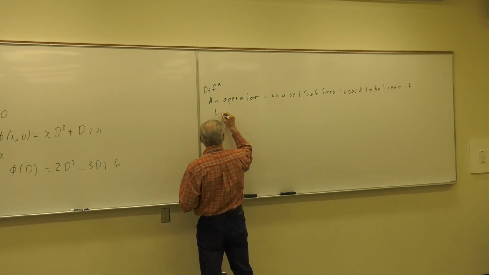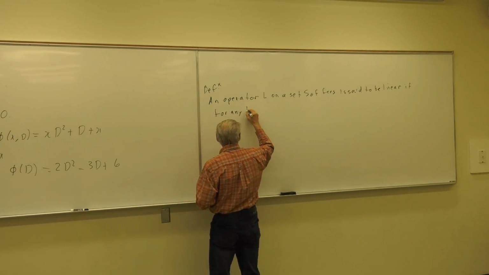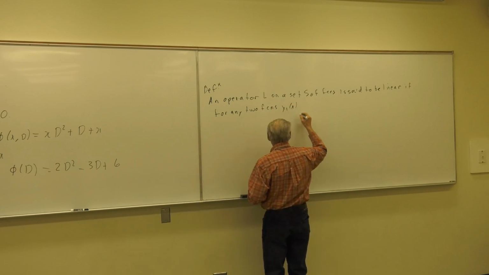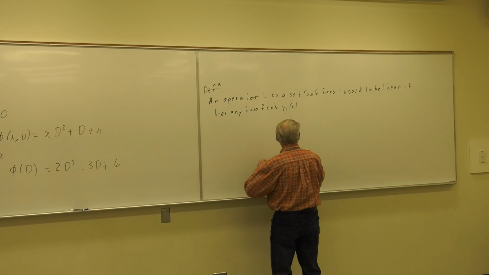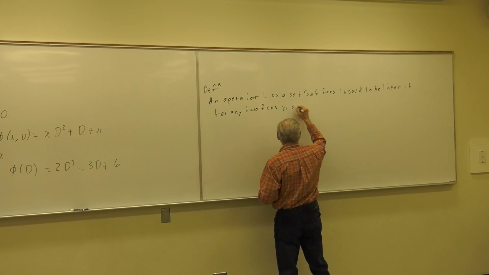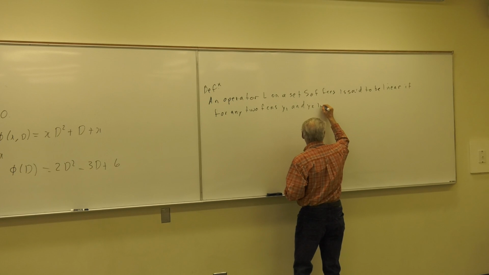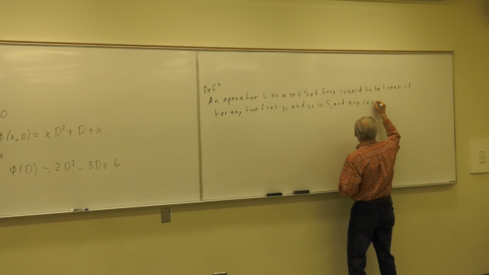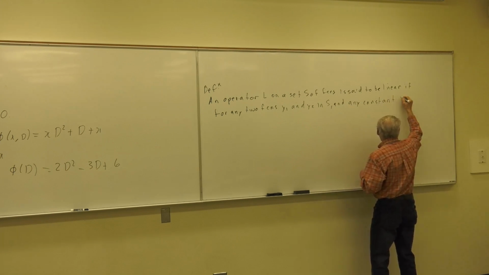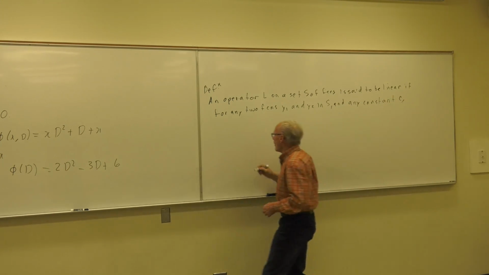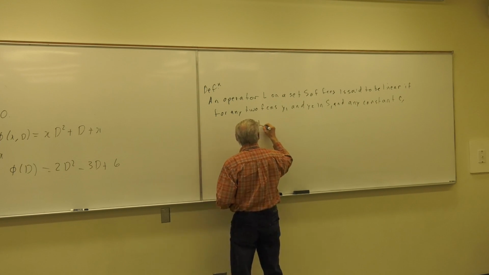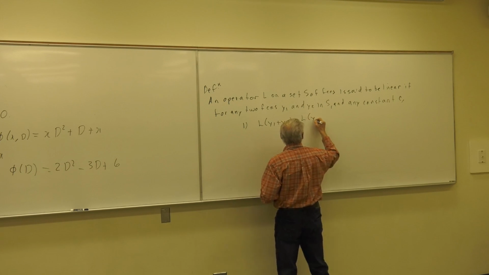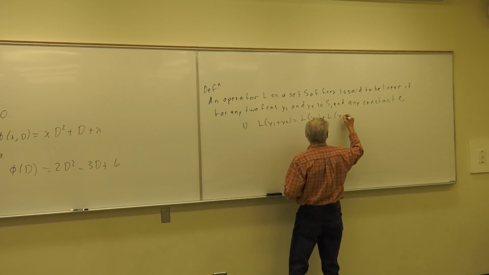If for any two functions, y1 and y2 in S, and any constant C, the following two properties are true. One, that L operating on y1 plus y2 is equal to L operating on y1 plus L operating on y2.